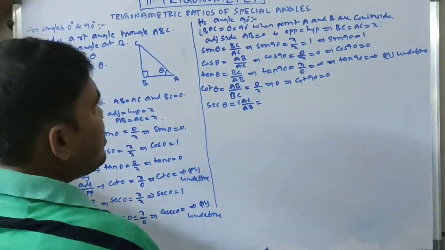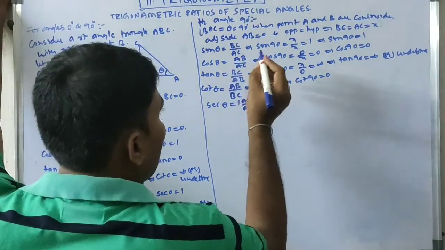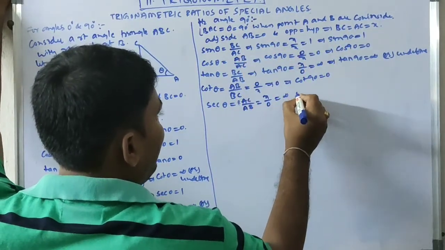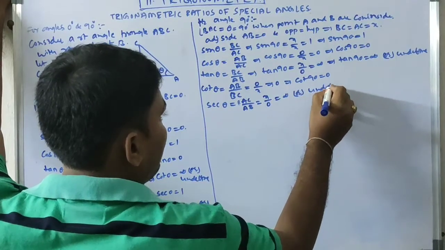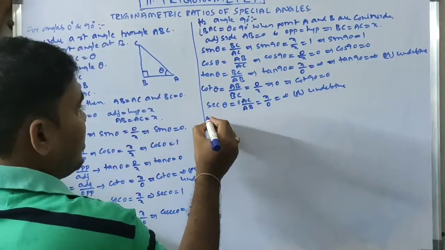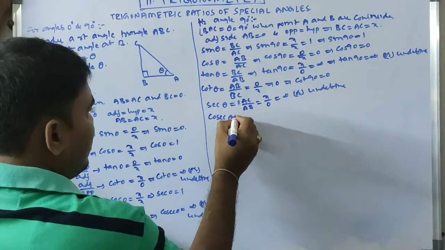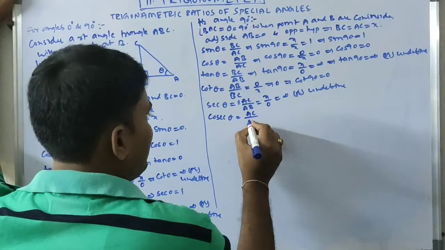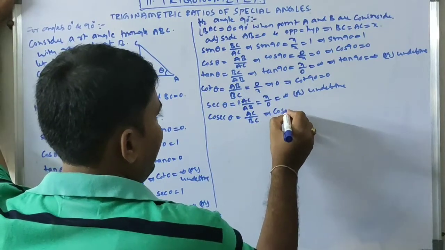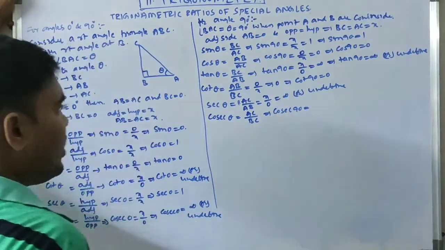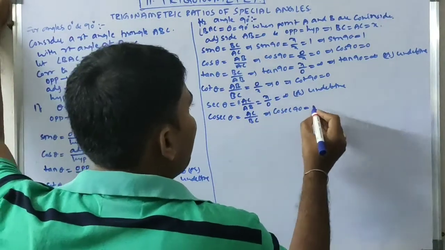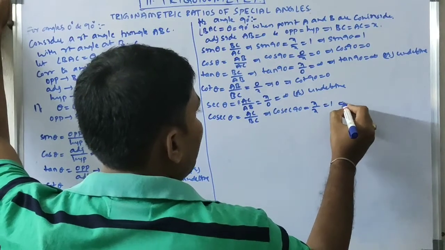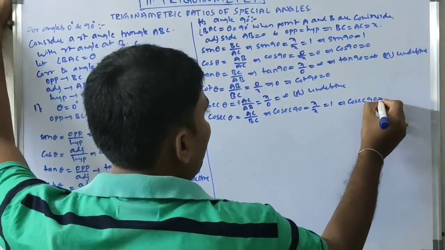AC is equal to x and AB is equal to 0, so it is infinity or undefined. This is sec 90. Cosec theta is hypotenuse by opposite. For cosec 90, AC is equal to x and BC is also equal to x, x cancels, so cosec 90 is equal to 1.